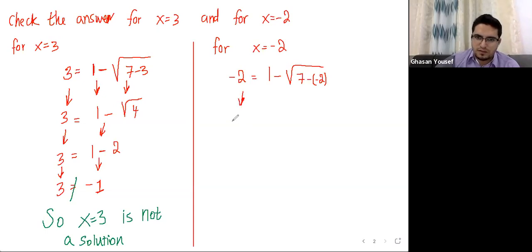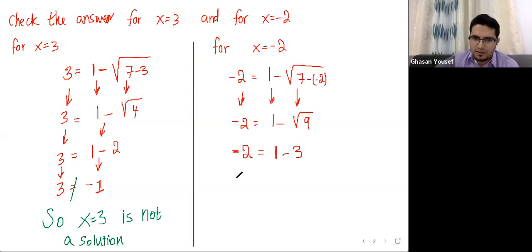This goes down again, so minus 2 equal 1 minus square root of 9. Here I get minus 2 equal 1 minus 3. And 1 minus 3 is minus 2. So minus 2 equal minus 2. This is correct. So x equal minus 2 is a solution.